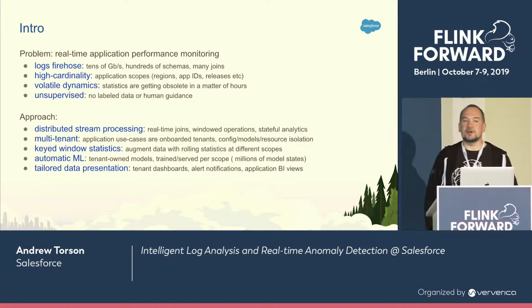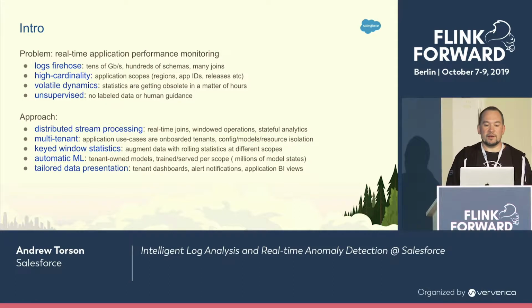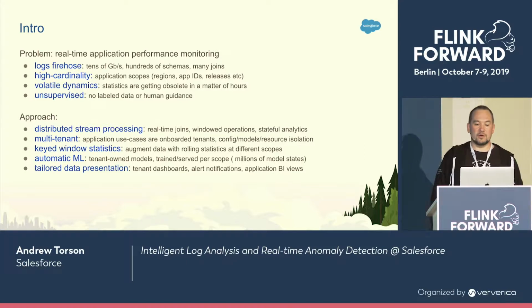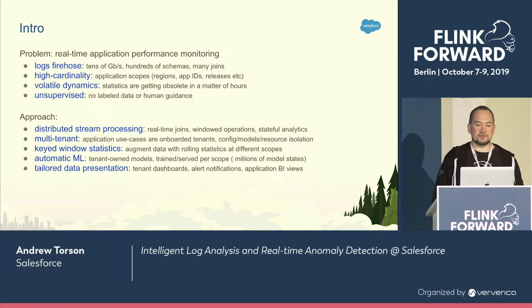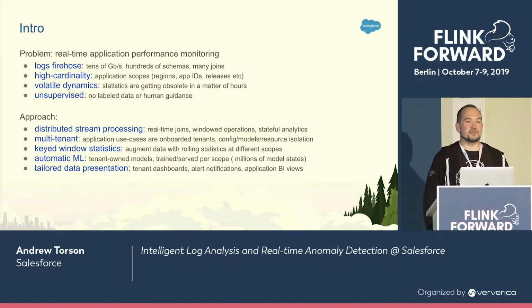Another challenge is that typically logs contain scopes which can be quite dynamic and high cardinality. If you think about a global application, it may run in multiple geographic regions, and within each application there could be hundreds of services with different application IDs, and each service may have a different release, and so on and so forth.